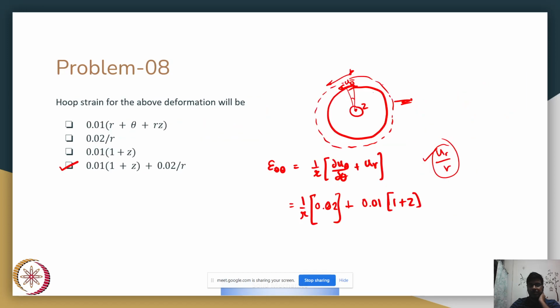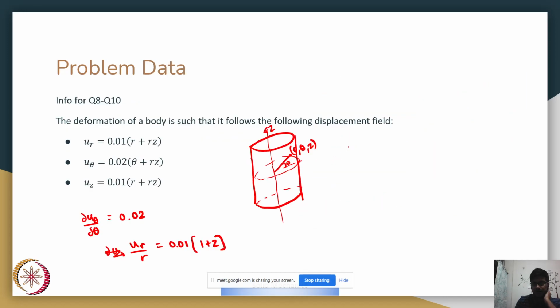So we'll look at dou ur by dou z, which is nothing but 0.01 r plus 0.01 r z. 0.01 r does not depend on z, whereas 0.01 r z depends on z. So your derivative is nothing but 0.01 r.